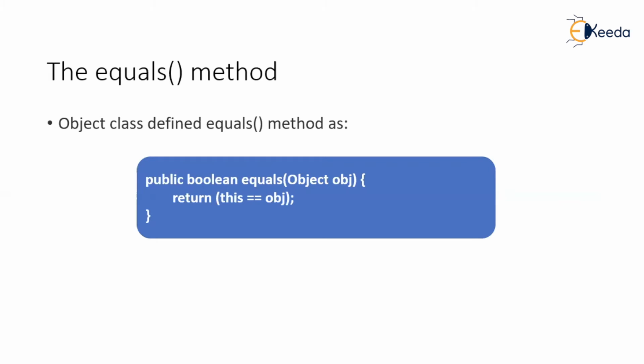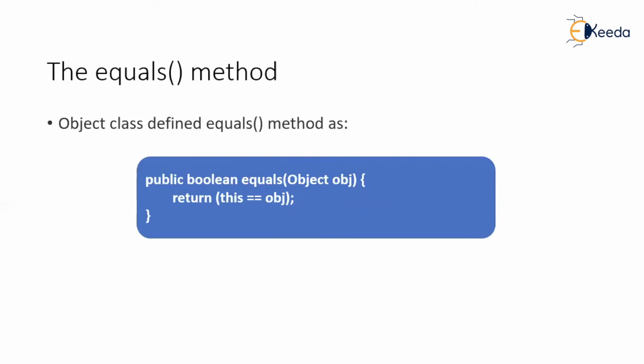For any two objects, say x is one object and y is another, x.equals(y) should return true if and only if y.equals(x) returns true. Simply, if x.equals(y) returns true, obviously y.equals(x) should also return true.